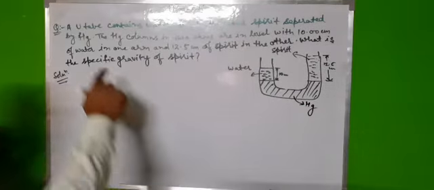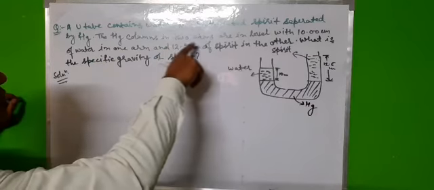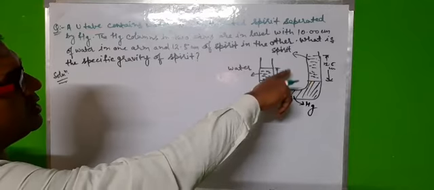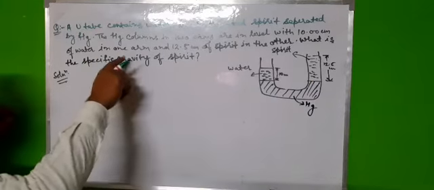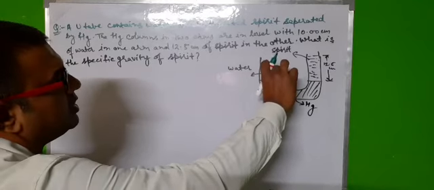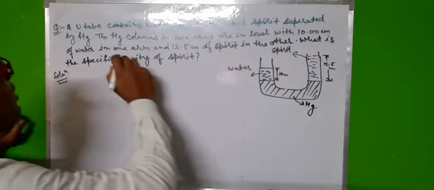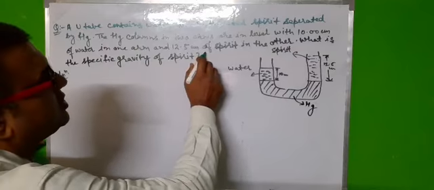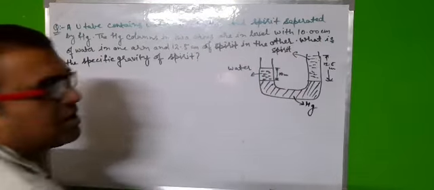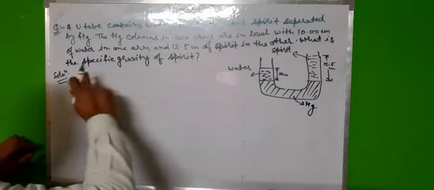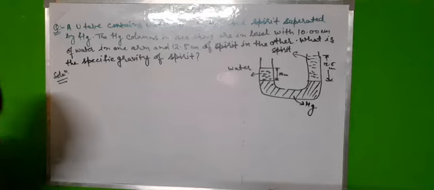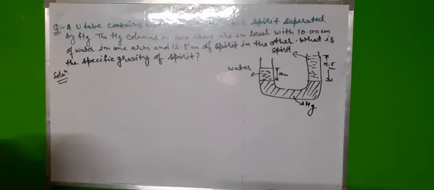The Hg column in the two arms is at the level of 10 centimeter of water in one arm, and 12.5 centimeter of spirit in the other arm. What is the specific gravity of spirit? We have to find the specific gravity of spirit.